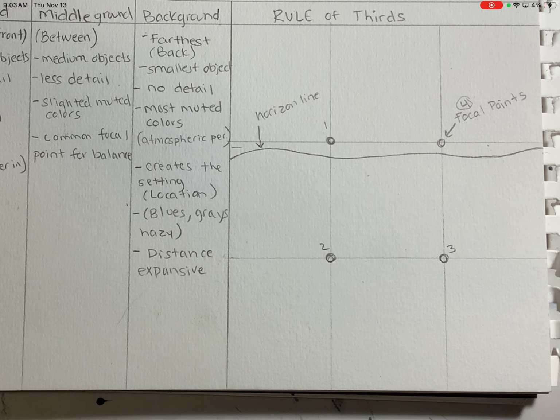So an example of something to put in our focal point could be if we're putting mountains in the background, this is where I would put my really big, significant mountains. Doesn't have to be exactly on that dot, just in this vicinity.